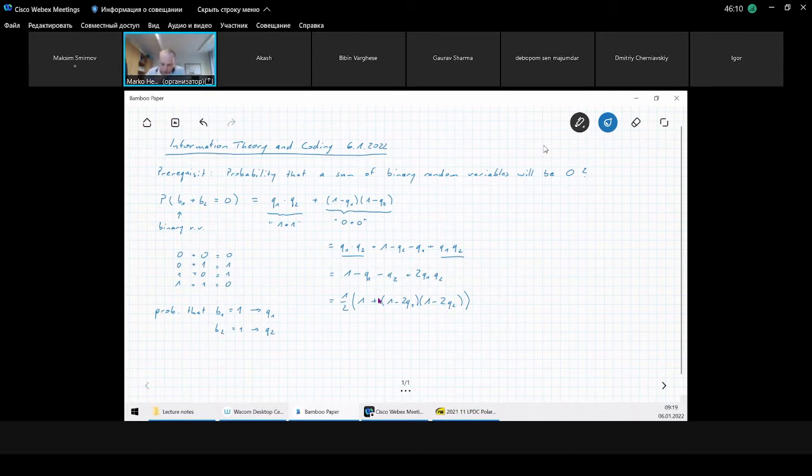So this is equivalent. So let's write this again. This is the probability that B1 plus B2 is equal to 0.